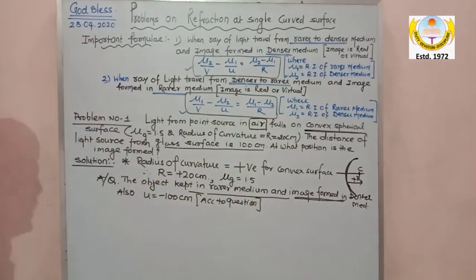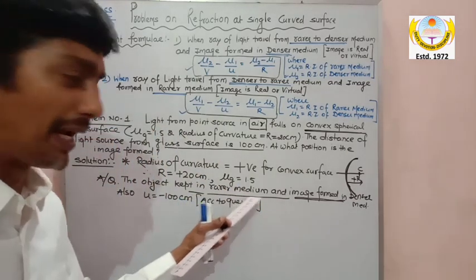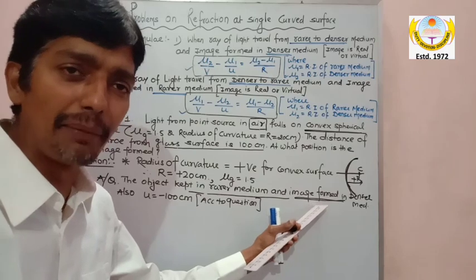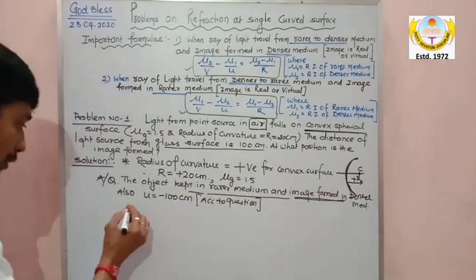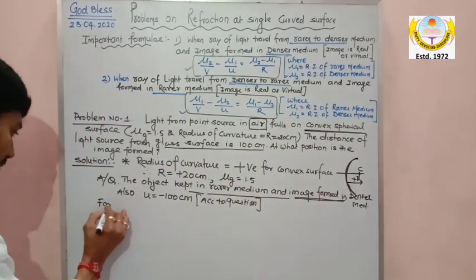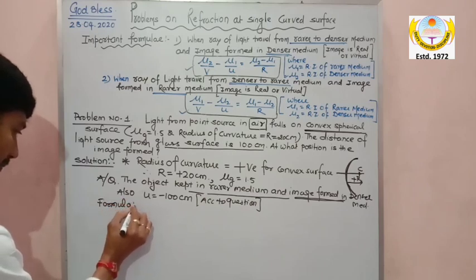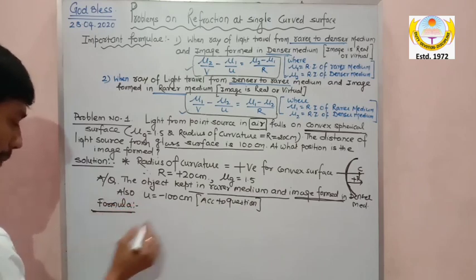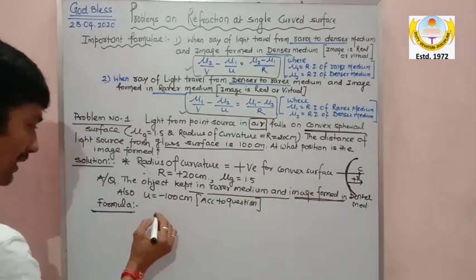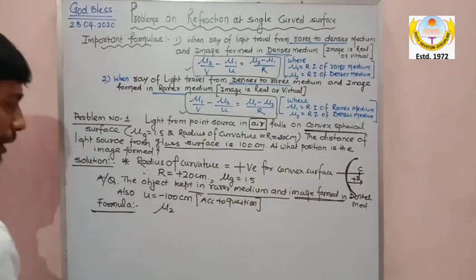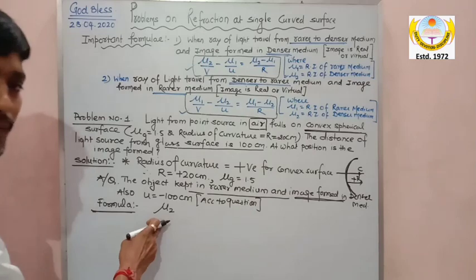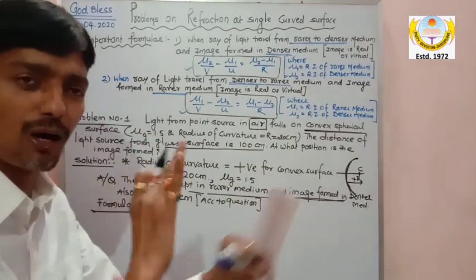Now you all understood, where is the object? In air. Where is the image formed? In the denser medium. So here is the formula. Image is forming in the denser medium, so it is mu2, because the denser medium is mu2. That is a common consideration for all numericals.